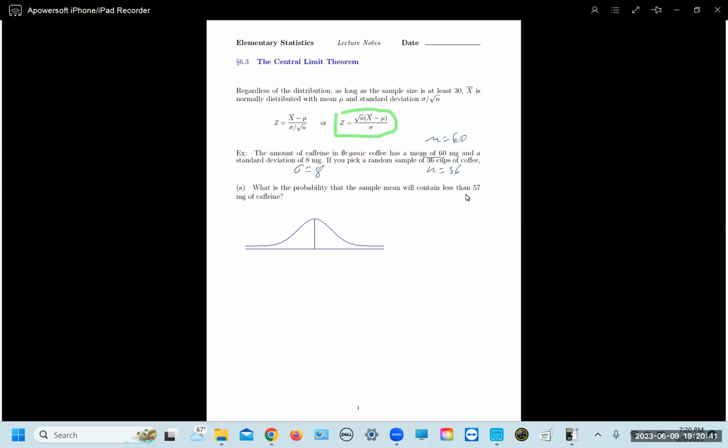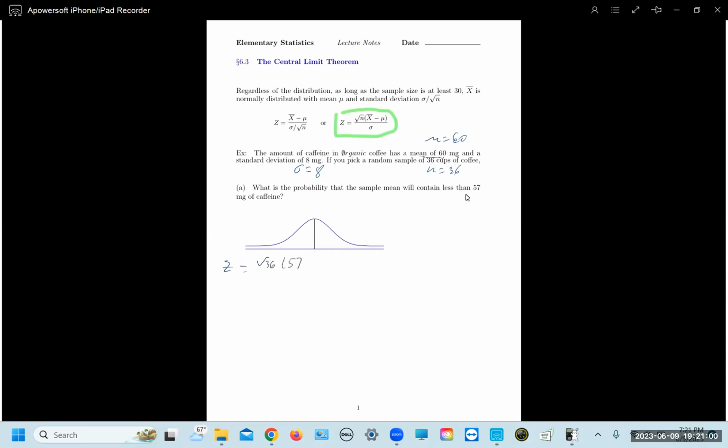As we know, we can do this with Z. We can use this formula. Z equals X bar minus mu over sigma over square root of 36. X bar is 57, so 57 minus 60 over 8 over square root of 36.